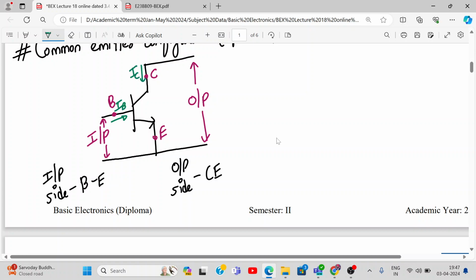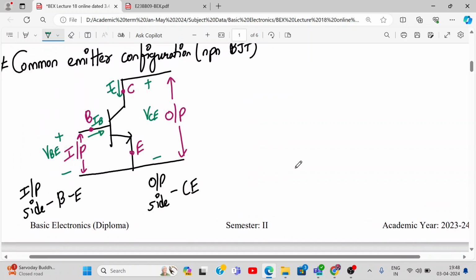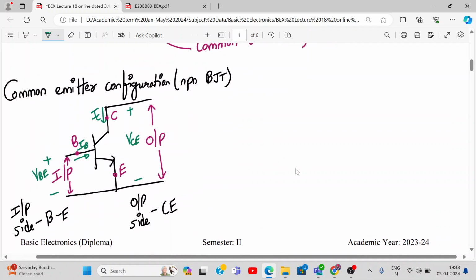IB. And what is my input voltage over here? Plus minus VBE. Yes or no? Between base and emitter. And output voltage क्या है? Plus minus VCE. Agree? So what are my input parameters? Input voltage कौन सा है मेरा बताओ? Input voltage. VBE.